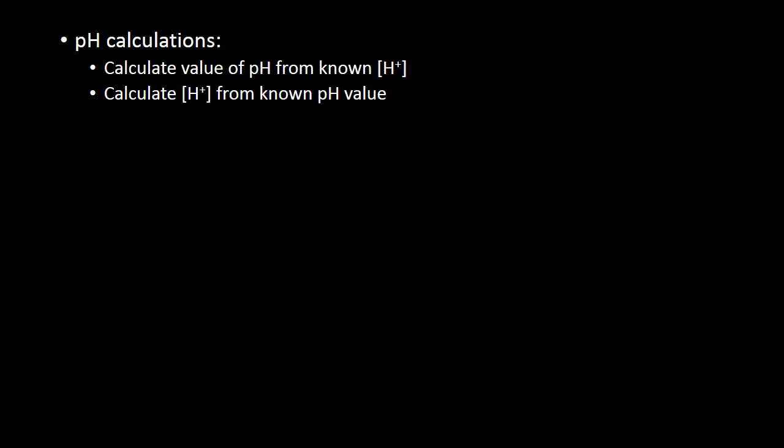So calculations, simple calculations using your pH. You can calculate the value of a pH from a known hydrogen ion concentration, or you could calculate your hydrogen ion concentration from a known pH value.